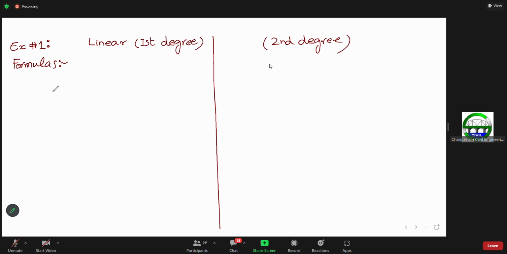So in case of the linear, what is the equation of the line? It is given by y is equal to mx plus c, or in another format I can write it as y is equal to ax plus b.